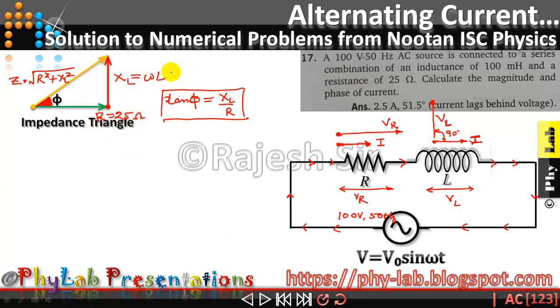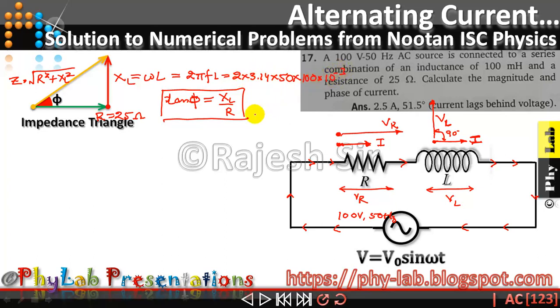Now in order to calculate XL, omega L is nothing but 2 pi f L, which is 2 into 3.14, frequency being 50 and L being 100 millihenry, that is 100 into 10 to the power of minus 3.